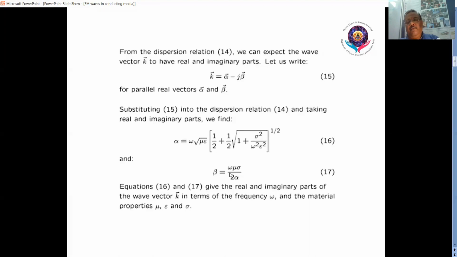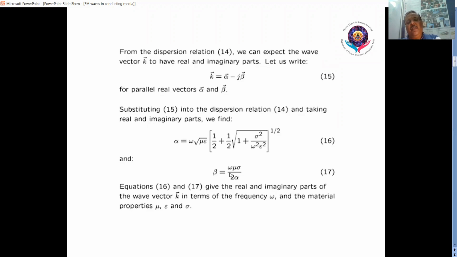To find the value of k from the dispersion relation, we know that k, the wave vector, is a complex quantity, and we take it to be of the form alpha minus j beta, as represented by equation 15, where alpha is the real part and beta is the imaginary part.